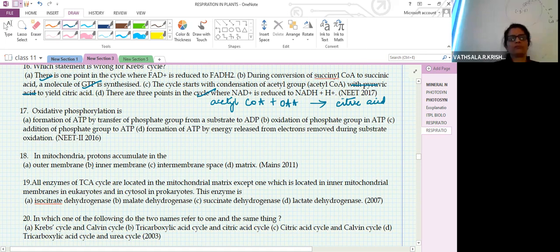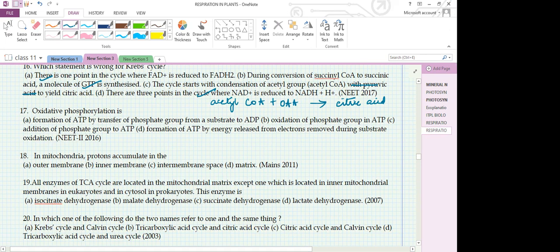Oxidative phosphorylation is formation of ATP by transfer of phosphate group from a substrate to ADP; oxidation of phosphate group in ATP; addition of phosphate group to ATP; formation of ATP by energy released from electrons removed during substrate oxidation. I think it's D. Why D?